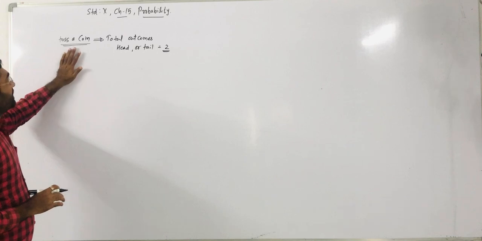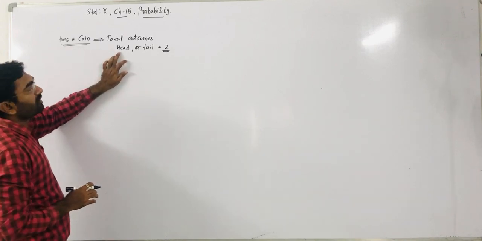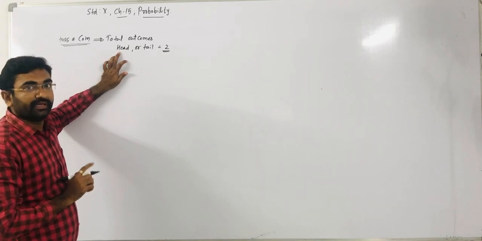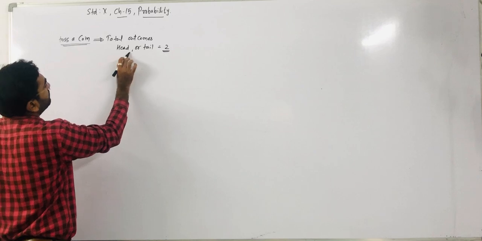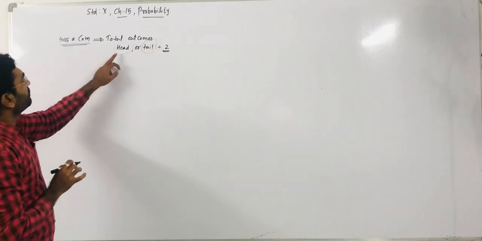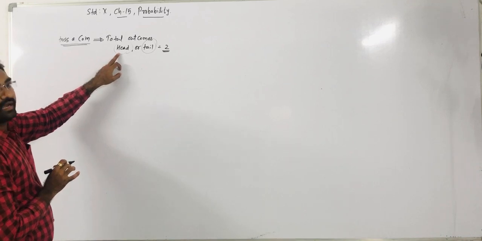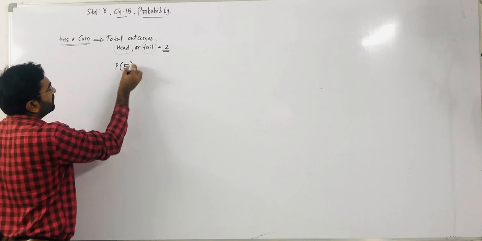So if anyone asks what is the probability of getting a head when we toss a coin? In one coin toss, one side is a head and another side is a tail. In 9th standard you already studied the probability of any event.